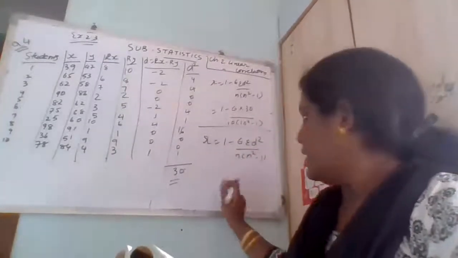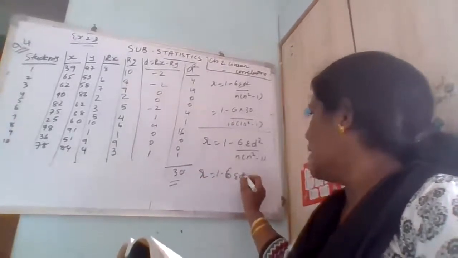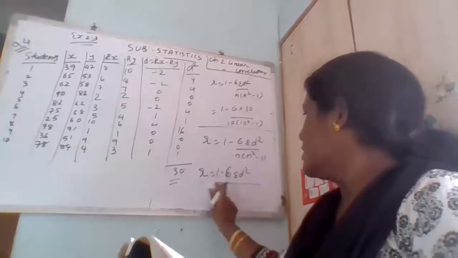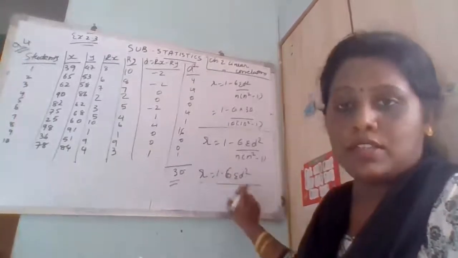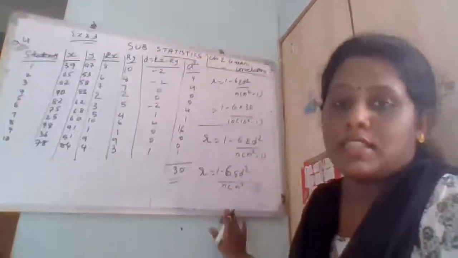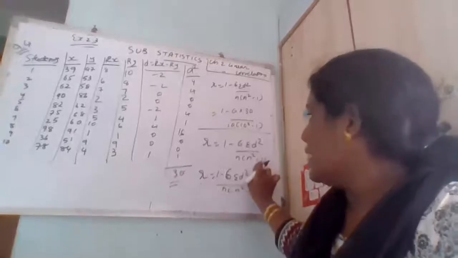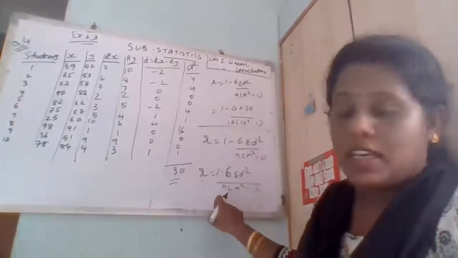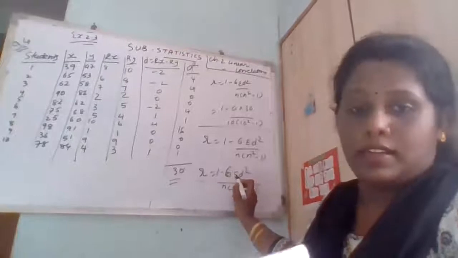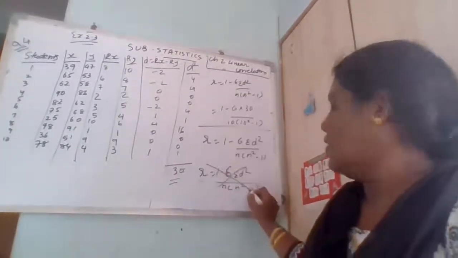But many students write it like this: r equals 1 minus 6 sigma d square upon, taking the 1 also, and n square minus 1. So this is the wrong way to write the formula. Because if you do it like this, you are including 1 also here, so your answer will be wrong.